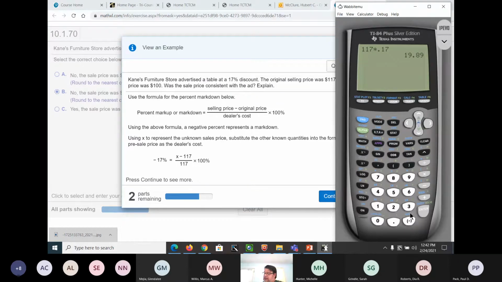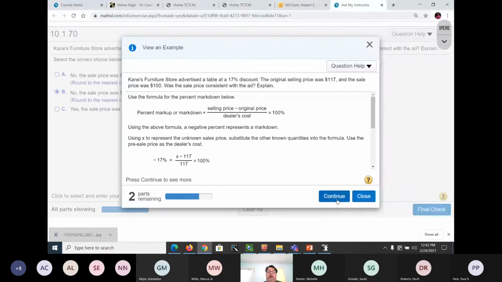Add 117. I think I know what they're doing here. 136.89. Now they don't get 136.89. I don't know what the heck they're doing.